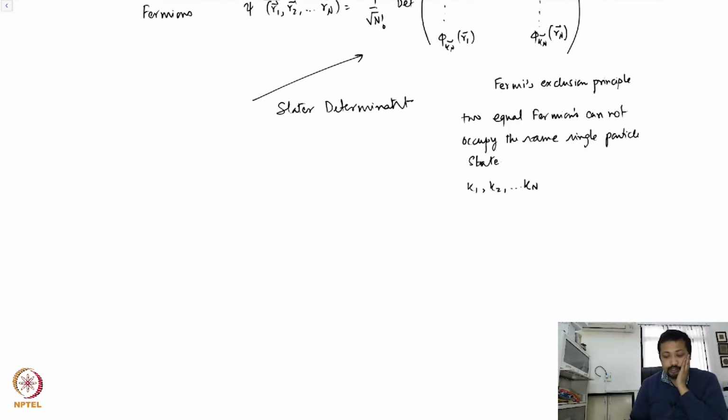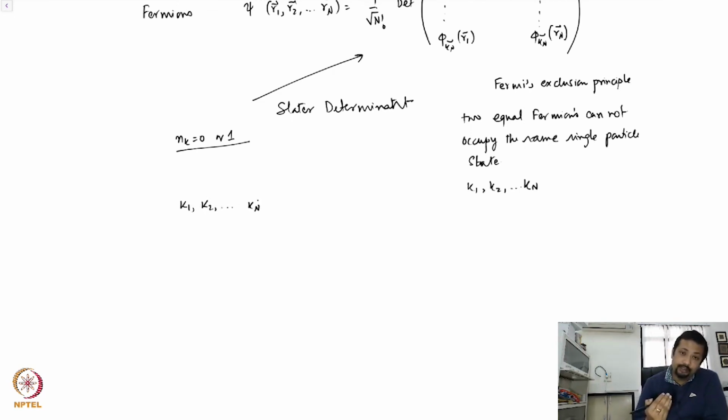For bosons, it's slightly more complicated because they do not have the restriction nk equal to 0 or 1. Many particles can occupy the single particle state, and therefore that makes the normalization a little more complicated than we have seen. Essentially one has to see, of these quantum numbers k1, k2, kn, how many of them are equal.